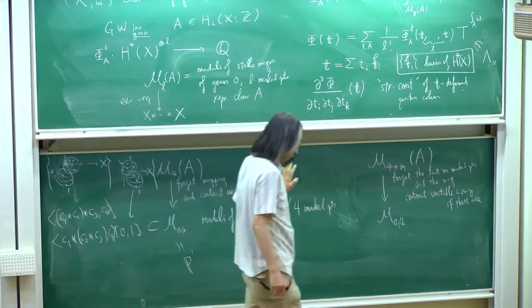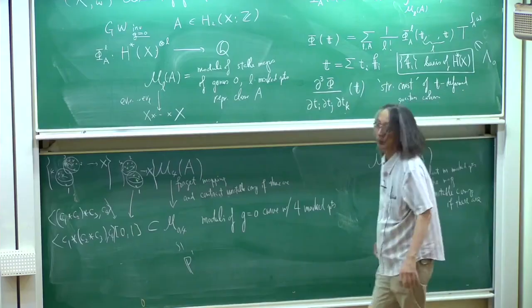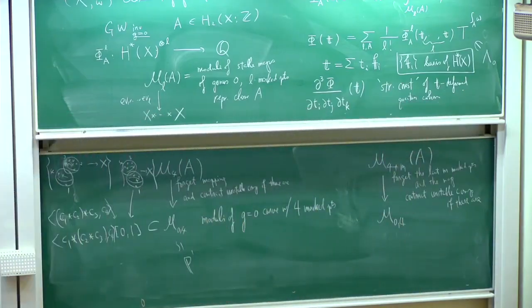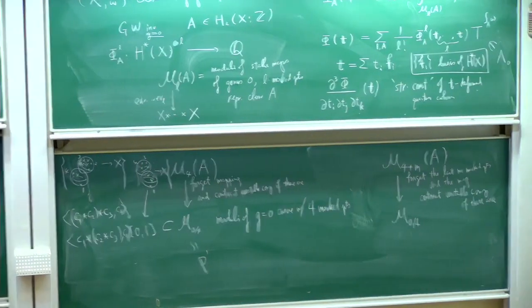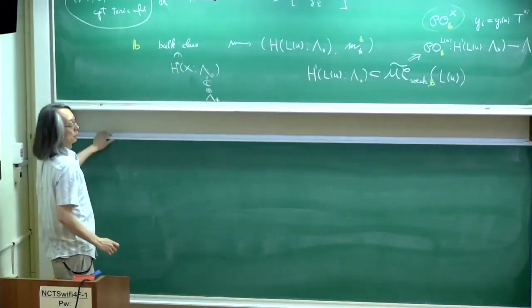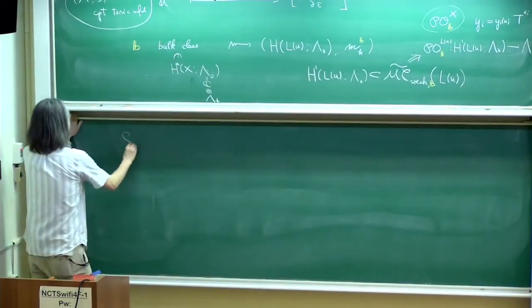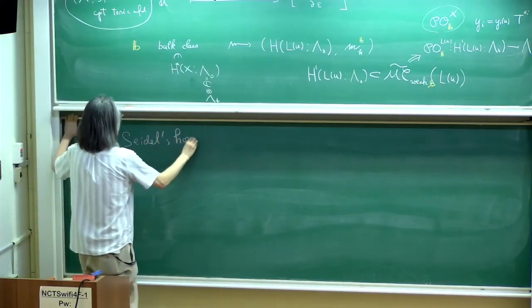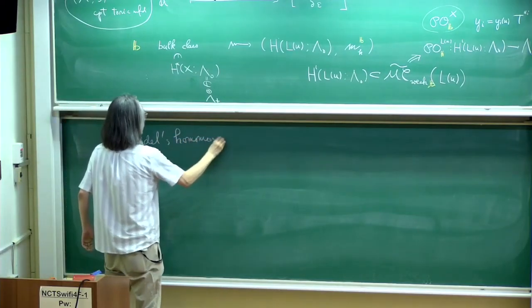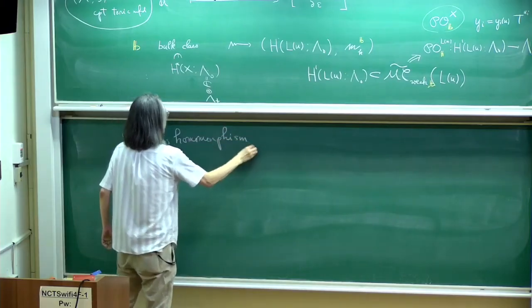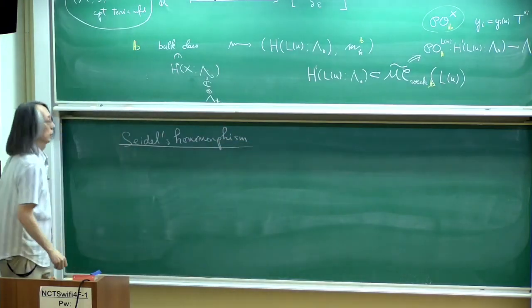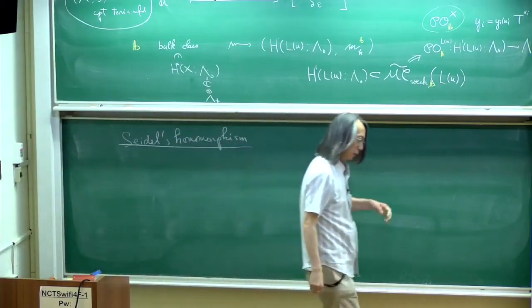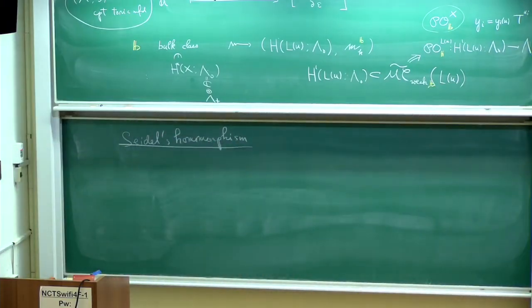So I briefly discussed this quantum cohomology. Now I also want to discuss a little bit about the Seidel homomorphism. In our argument, we just use the usual Seidel homomorphism.